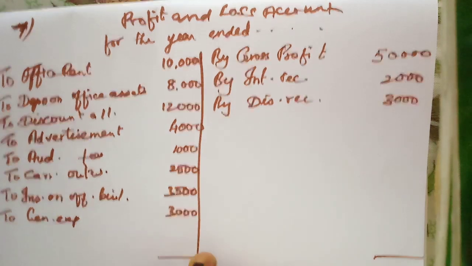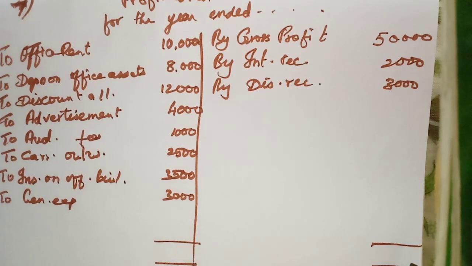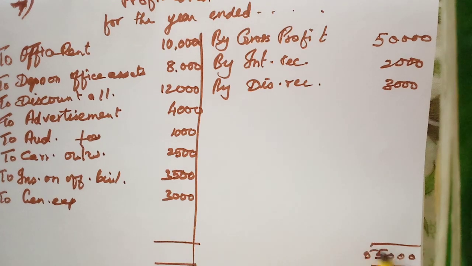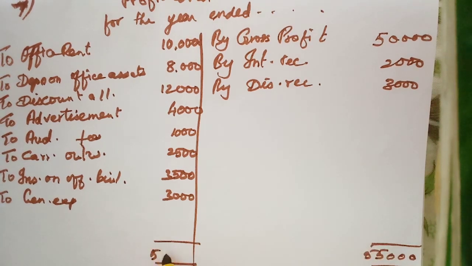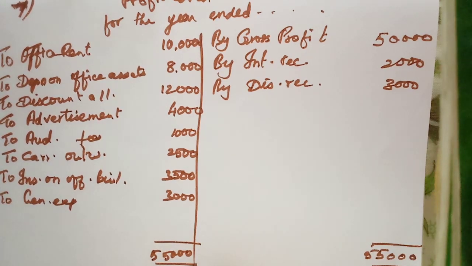When you add the total, you add with the pencil, okay, then you will not make any mistake. 30, then 55. Write the same thing here. Okay, here they have given the answer net profit, so we know that it is net profit.